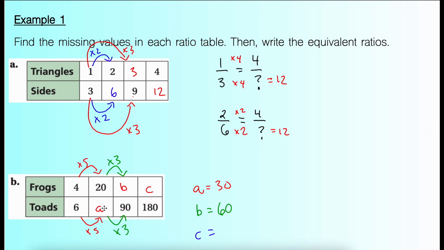You could also go from box A, which is 30. 30 times 6 is 180, so 20 times 6 is 120. Those are the two routes I would go. You could pick either of those two, but no matter what you do, you should get an equivalent ratio of 120 frogs for every 180 toads. And everything in this table is also equivalent.